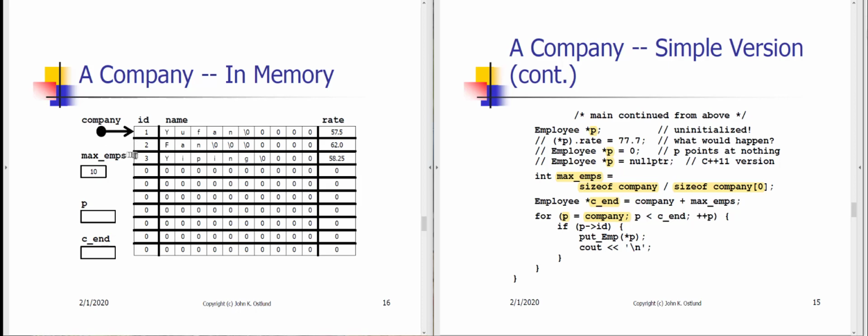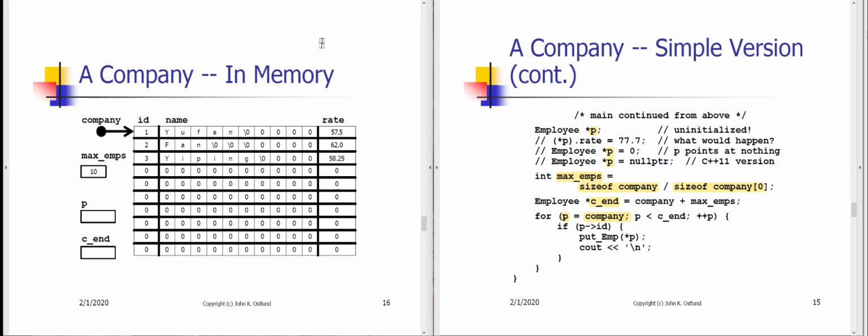Company plus 2 points to the sub 2 slot. Company sub 9, or company plus 9, pardon me, points to the last slot. Therefore, company plus 10 is going to point one past the last slot. Okay, so we've got CEnd set up, and let me swap screens now.